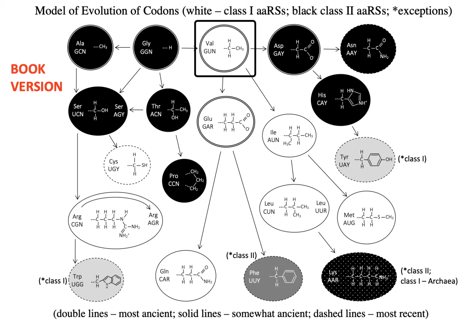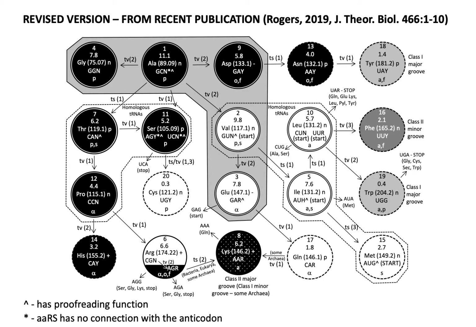But valine would reverse the genetic code, right? So instead of GGN, now we have a change. This would be NGG in the opposite way. So now you're changing a U to a G and reversing that because you're charging it with a class 1 AARS. Since then, I've done a lot more reanalysis of that.